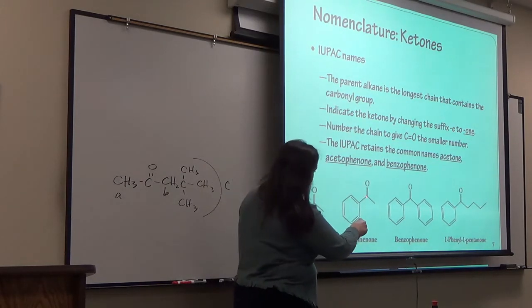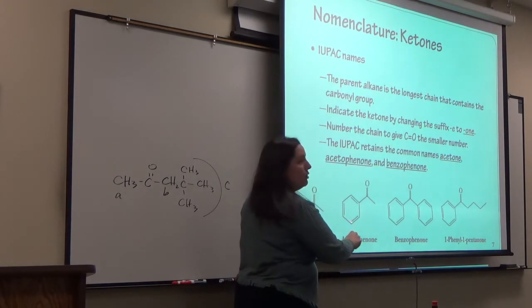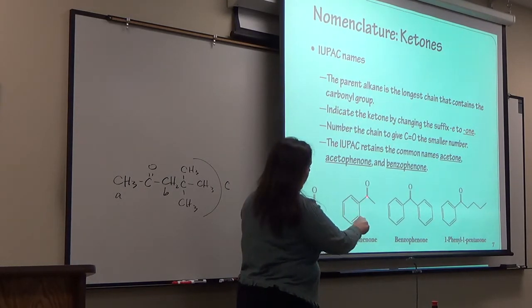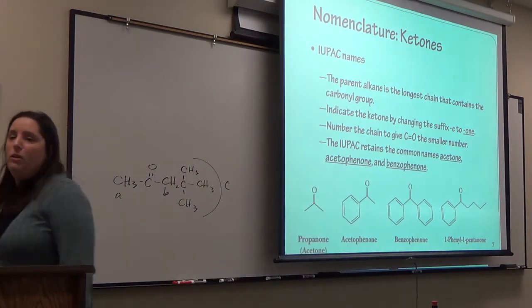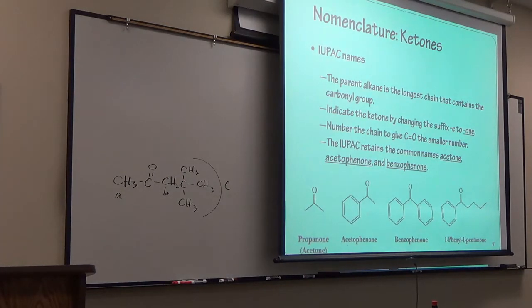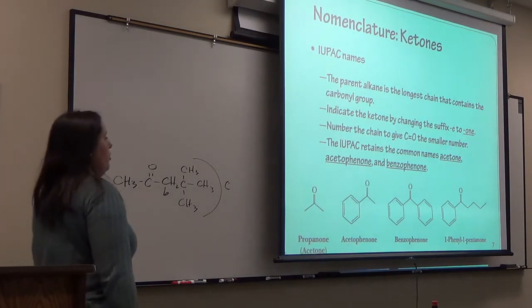But there's 2 carbons in the chain, and then this is a substituent, phenyl. And then this is carbon 1, because it's where the carbonyl is, 1, 2. So this is 1-phenyl-1-ethanone, or acetone, excuse me. So you could do IUPAC on those if you wanted.